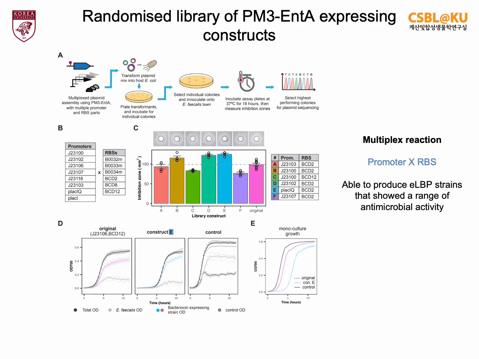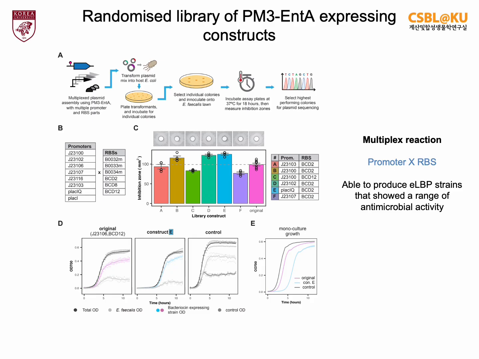To date, they have only screened AB co-expressing strains that use the same secretion signal. Therefore, the authors performed a screen of the PM3-A expressing construct with multiple promoters and RBS parts to demonstrate multiplexing, and created strains that use a mixture of secretion signals.